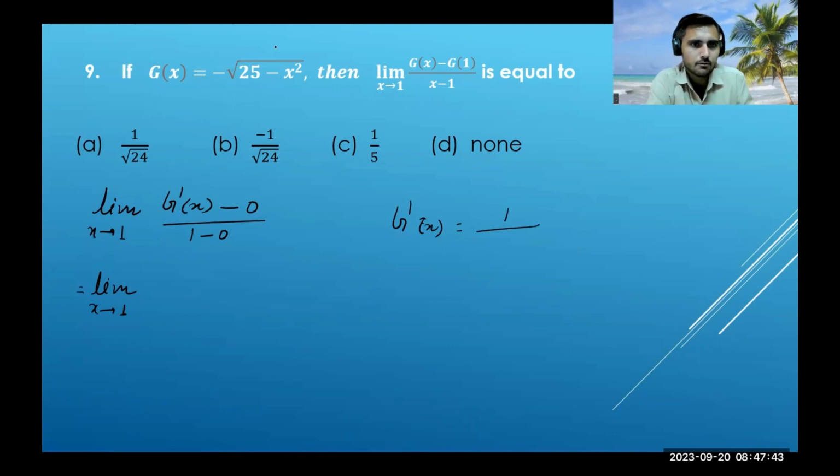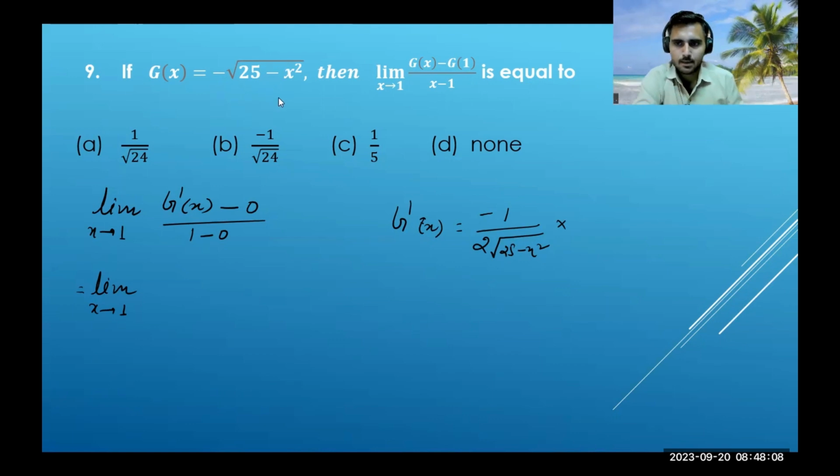We'll apply the chain rule, and first we differentiate the square root, so it will become 1 upon 2 into square root of 25 minus x square, right? And now we'll differentiate the function under the square root.